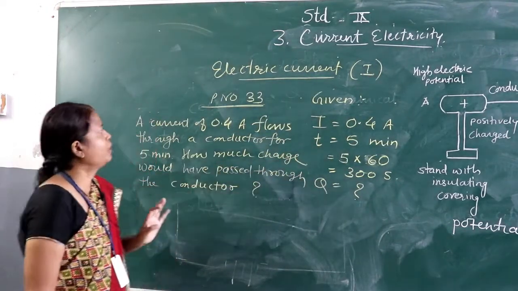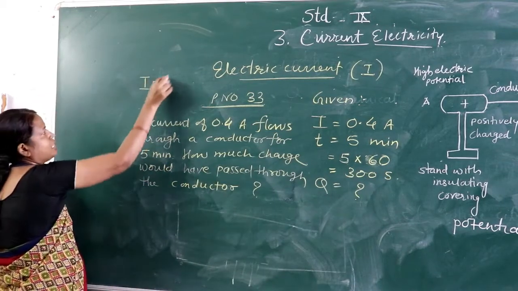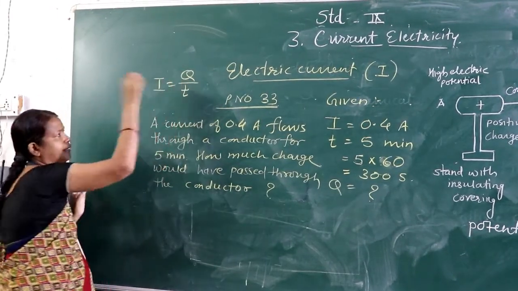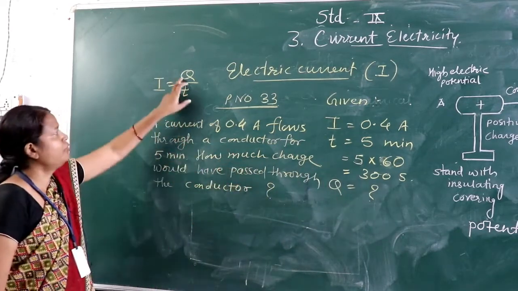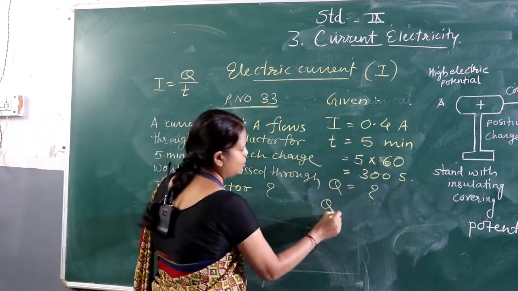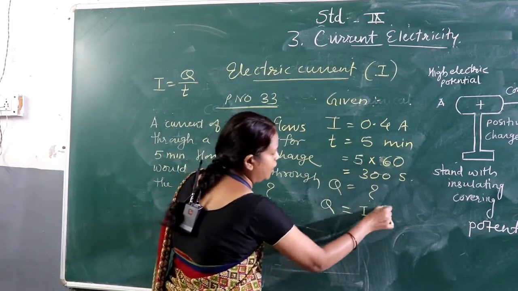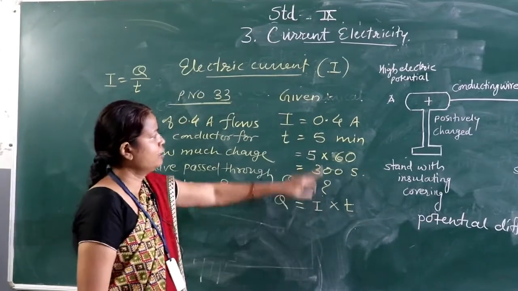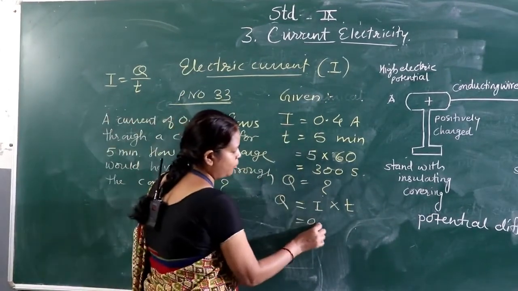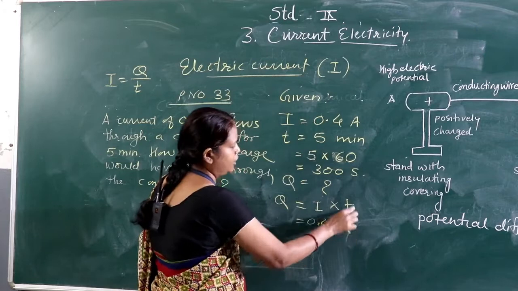We have seen one formula, that is I is equal to Q upon T. Here we have to find out Q. So our formula becomes Q is equal to I into T. What is the value of I? It is 0.4 ampere. What is T?